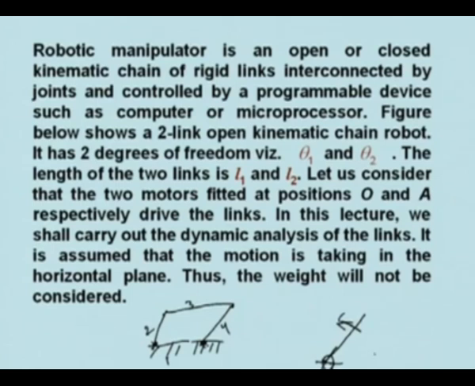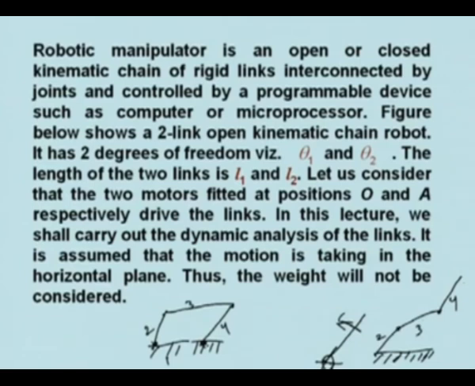Suppose one link was fixed, but I could have connected to 2, and this becomes 3, and this becomes 4. So this is 2, 3, 4. In that case it is an open kinematic chain, and in robots these types of things are quite often used.